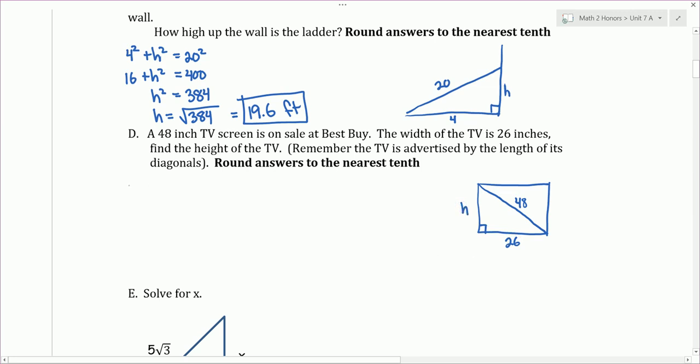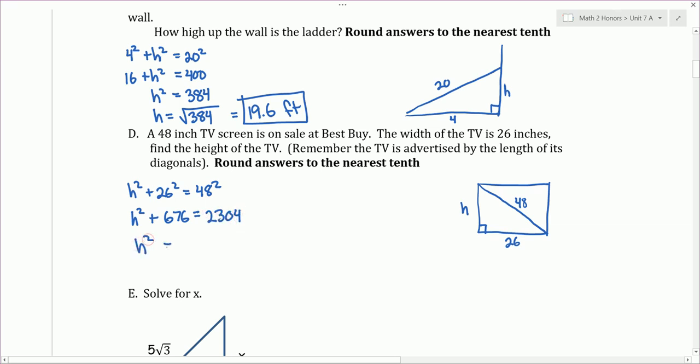Use Pythagorean theorem again. H squared plus 26 squared is equal to 48 squared. 26 squared is 676. 48 squared is 2,304.